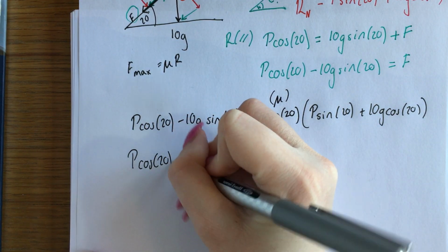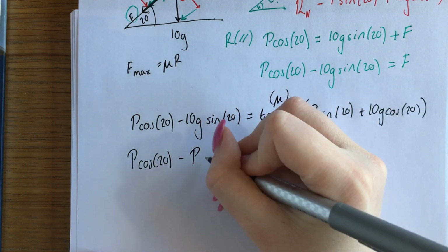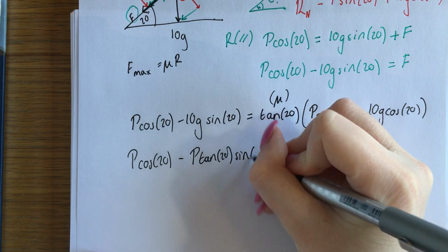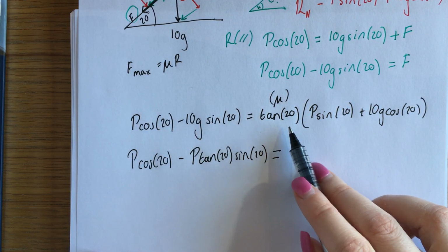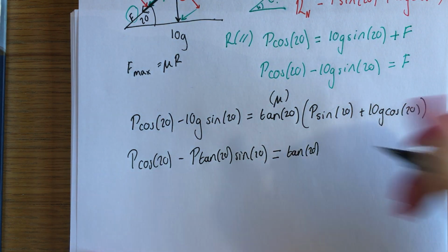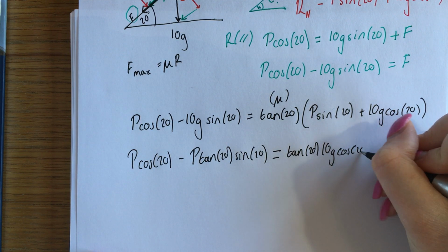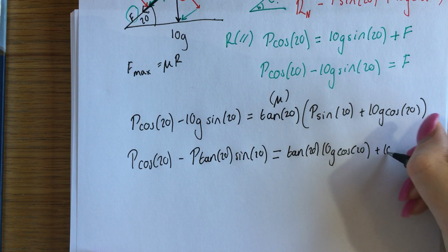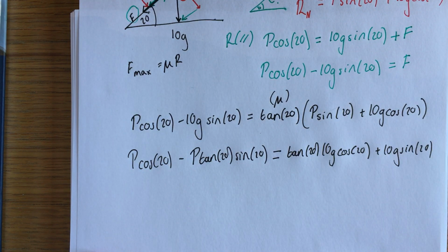So P cos 20 subtract P multiplied by tan 20 multiplied by sine 20, and that is equal to, so I've still got tan 20 multiplied by 10g cos 20, but I've also added 10g sine 20.